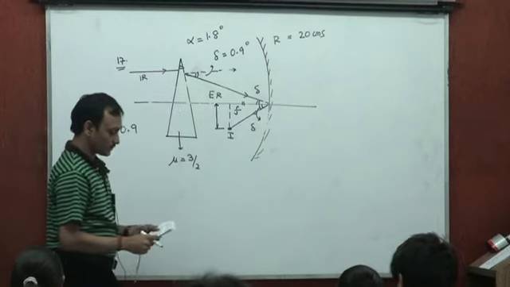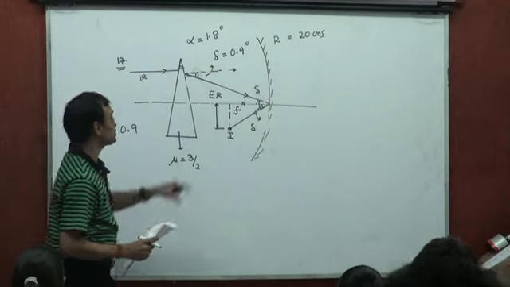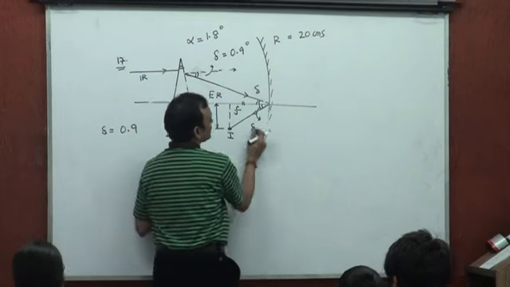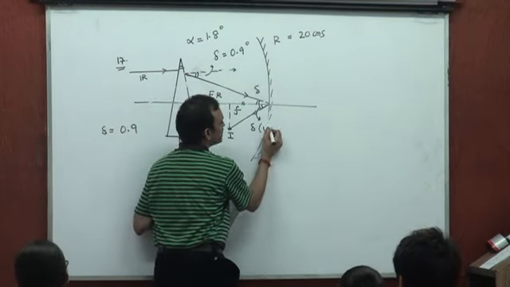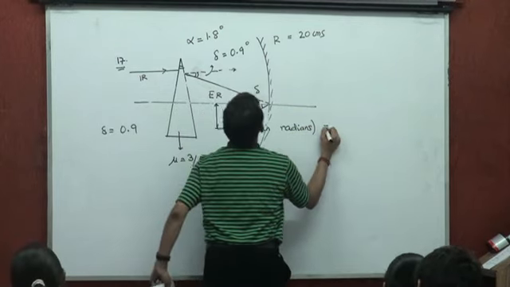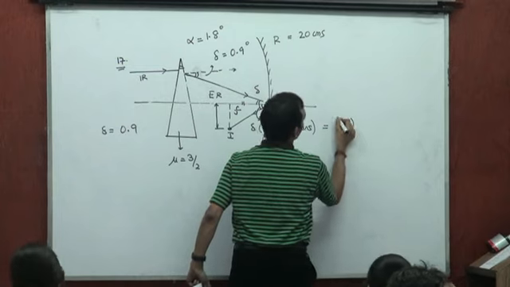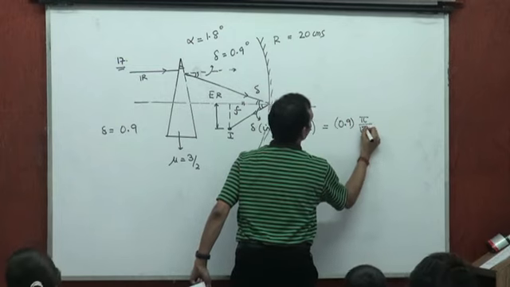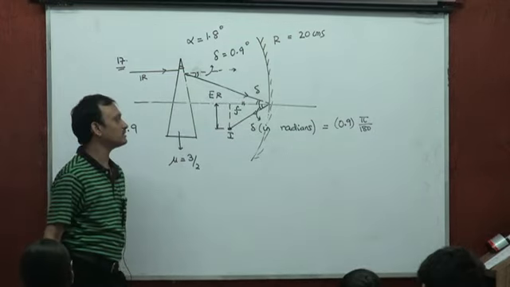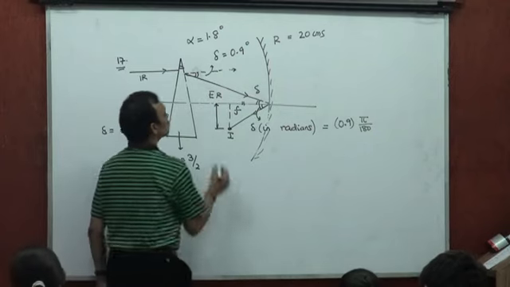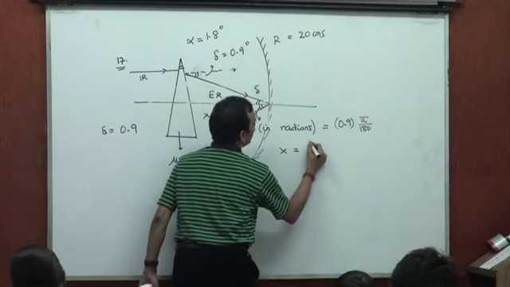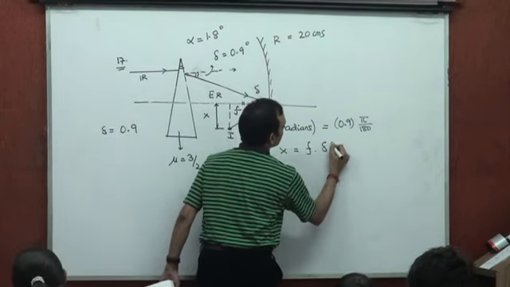So what we need is the distance of the point from the principal axis, that is this distance where the rays will settle. Delta in radians, as you would see, is 0.9 into pi by 180. These many radians, right? That's delta in radians. So this distance x that we are seeking would be f into delta in radians.